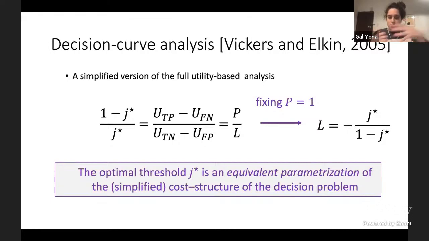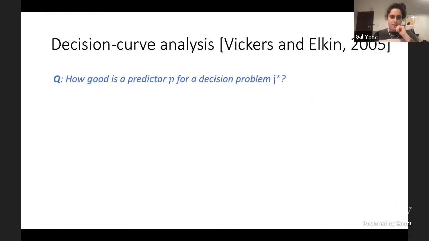So specifically, in the rest of the talk, whenever I want to index the binary decision that I'm talking about, I'll use J star to denote this. The reason I'll do it is because of this relationship, or equivalent view of the decision, in the sense of the cost structure and J star being related in this equation. I hope at least on a high level that's understood.